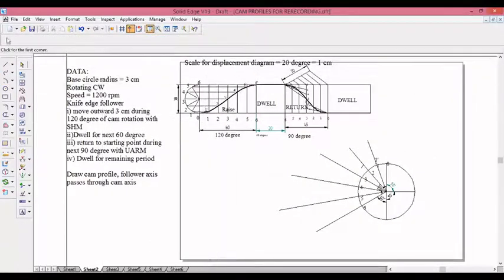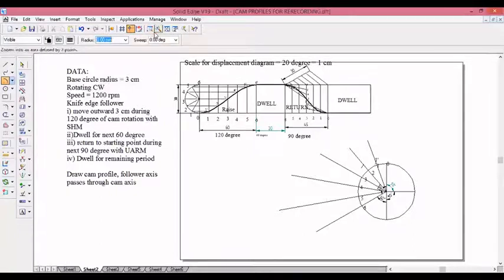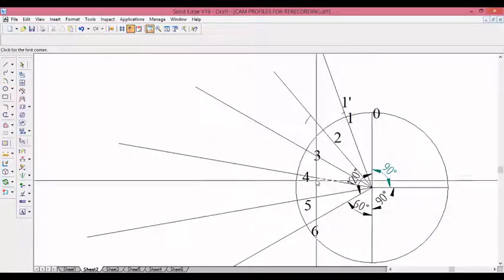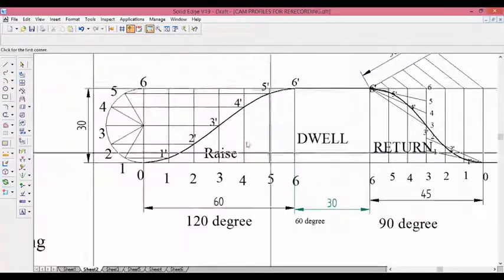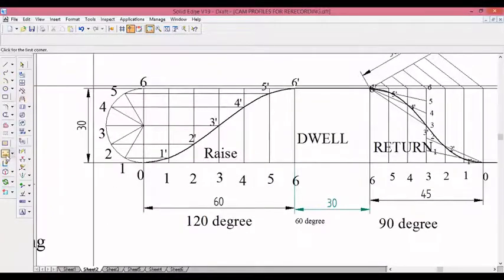So 3 to 3 dash measurement you take using compass, cut that on 3 dash. Similarly, 4 to 4 dash, measure using compass.